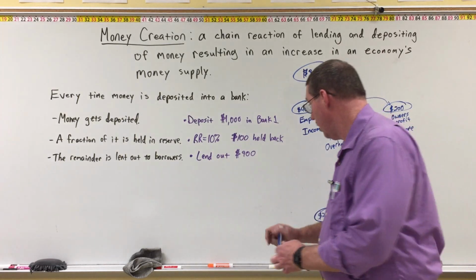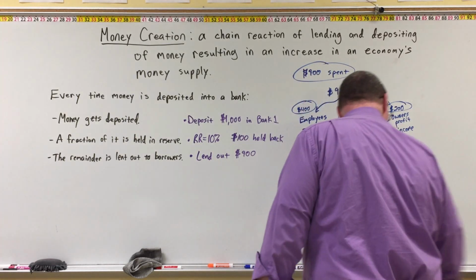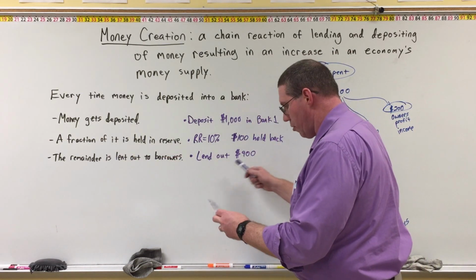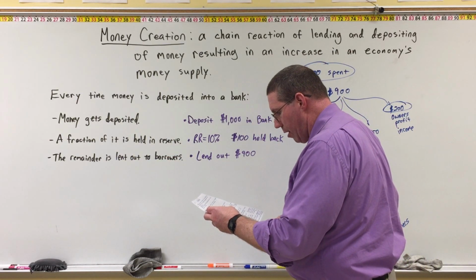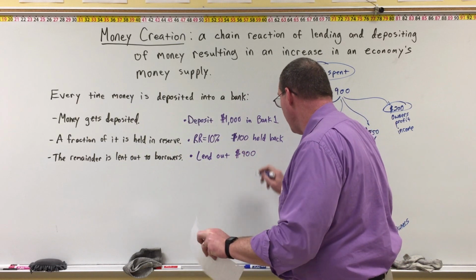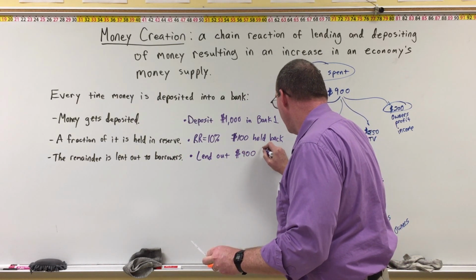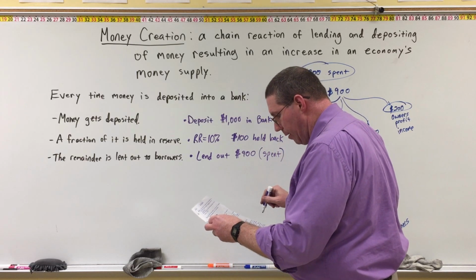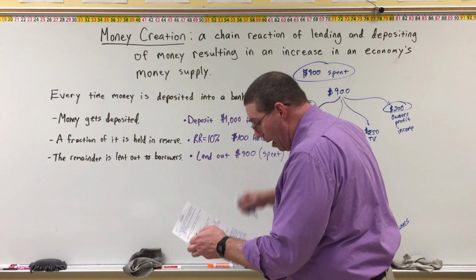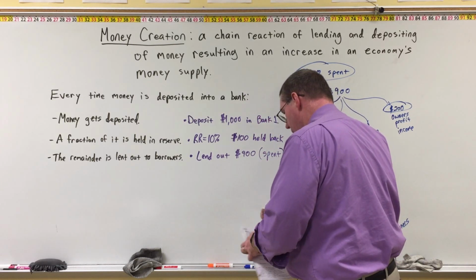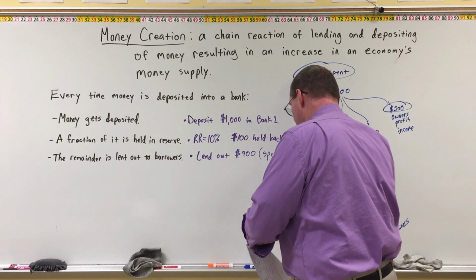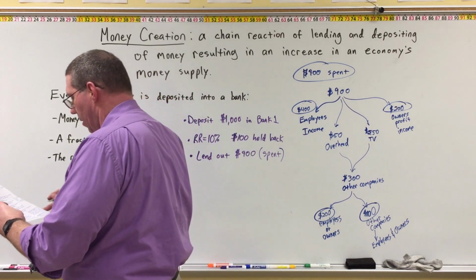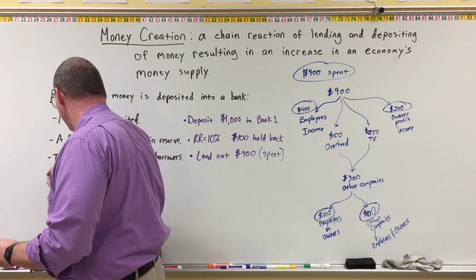So we're going to lend out $900. That money, what's lent is spent, and after it is spent, it's deposited into the recipient's bank. So here, what is lent is spent. The money lent is spent and then deposited.